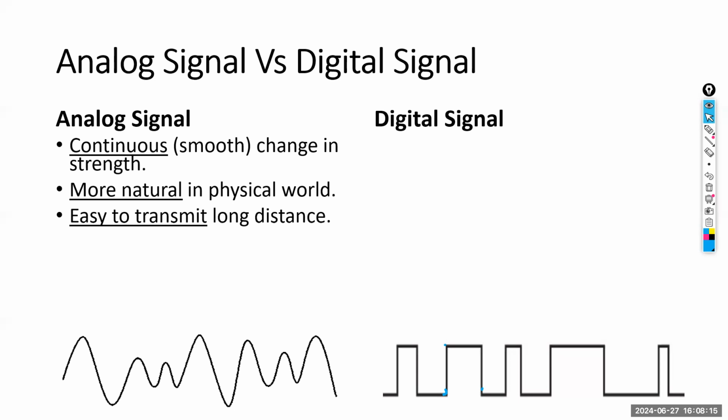Analog signals are more natural. We can readily find them in nature. For example, when I talk, someone nearby can hear me. A sound wave is generated by my mouth, and that sound wave, which is an analog signal, is transmitted to the listener's ear, and the ear can interpret and understand that wave.